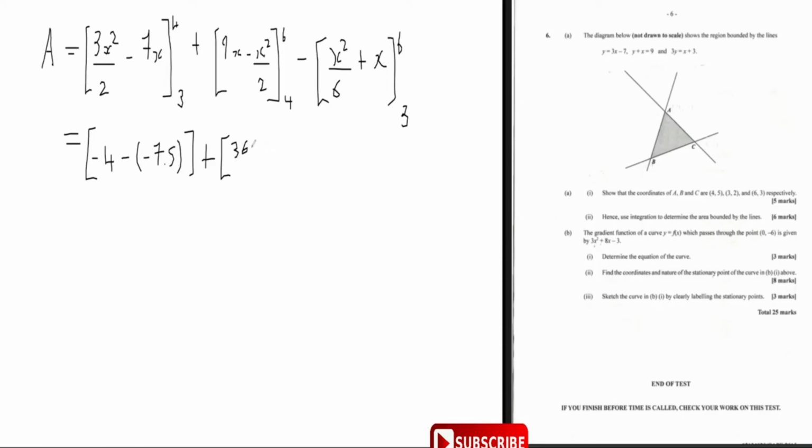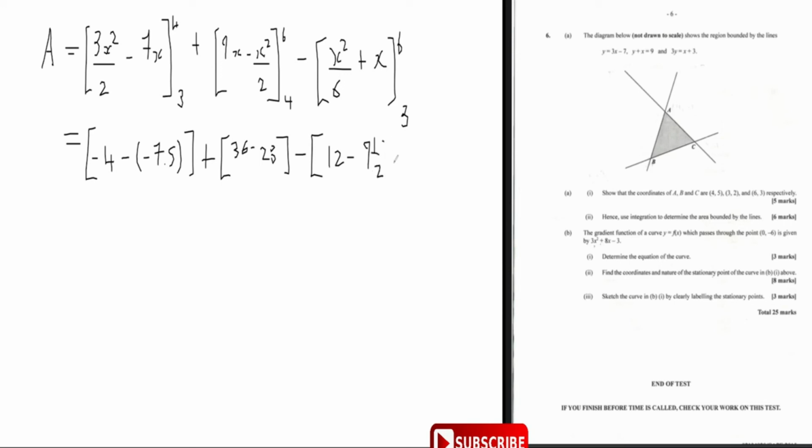I get minus 28. 36 minus 28, minus, I put in 6 now. 6 squared is 36 over 6, which is 6, plus 6, which is 12. And I put in 3. 3 squared is 9, and 9 over 6 is 1.5, plus 3, which is 9.5. So I subtract 9.5.